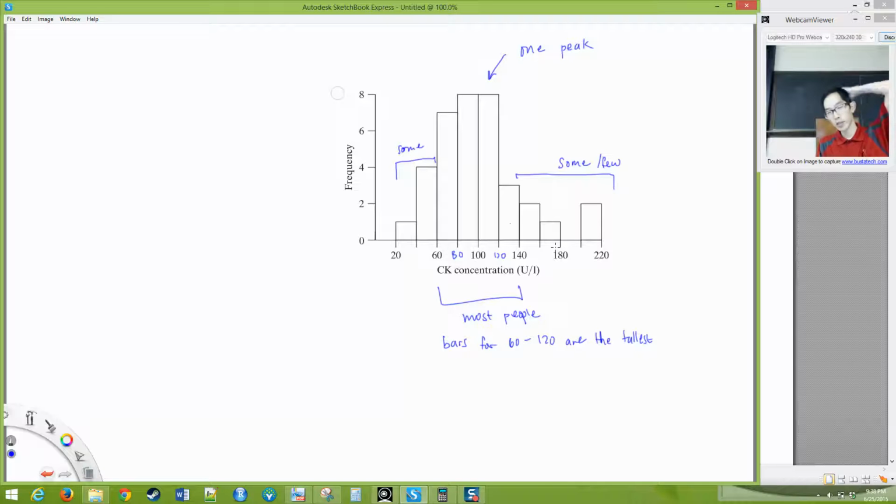Okay, and so this would be the peak, and then everything out here, this is kind of known as the tail. Okay, so this is the tail, and this would also be a tail. So what's not in the middle and kind of going off to the edges, these are known as the tails.